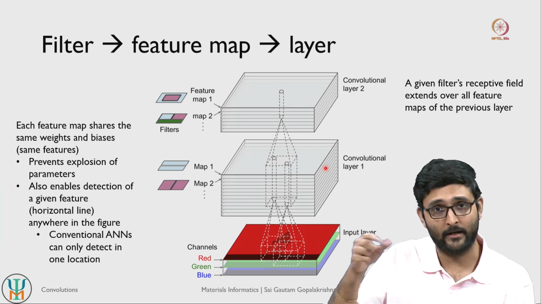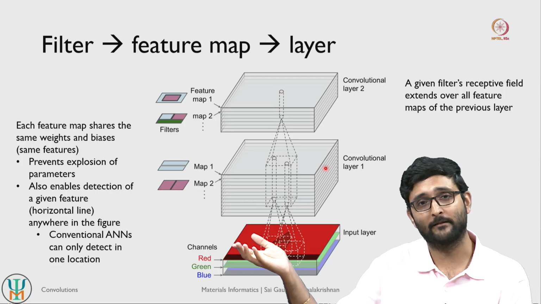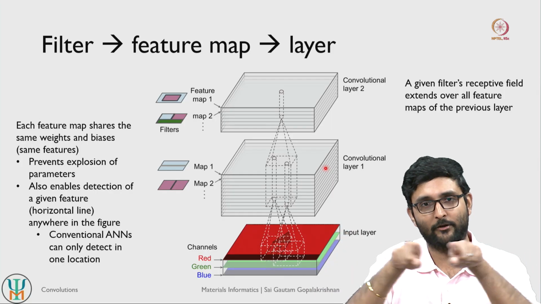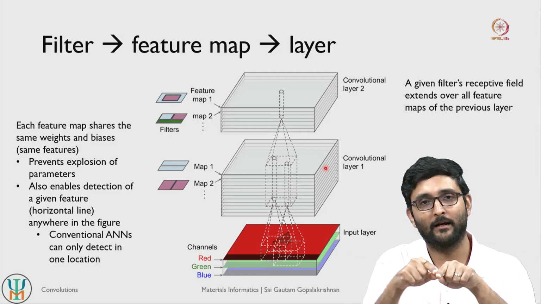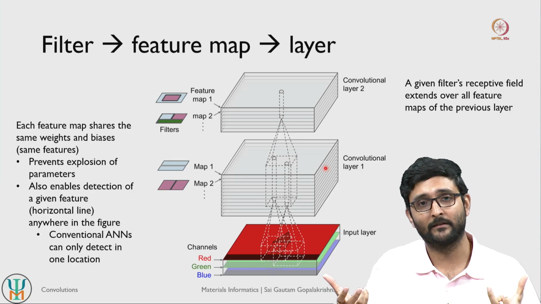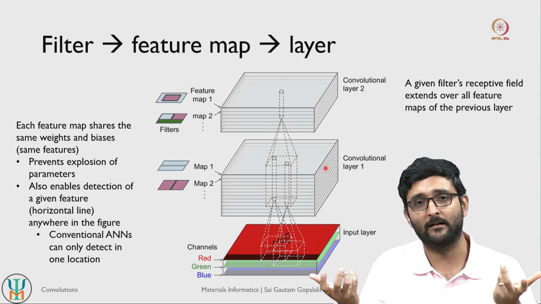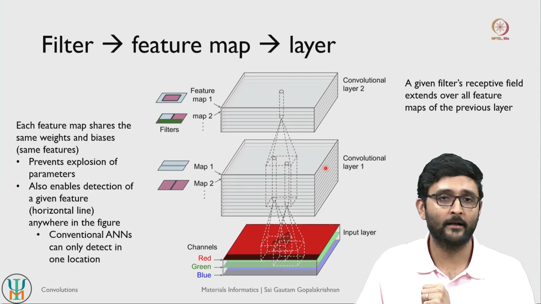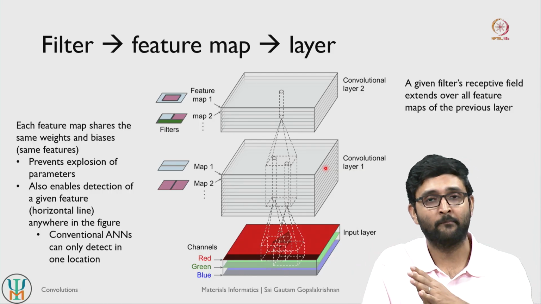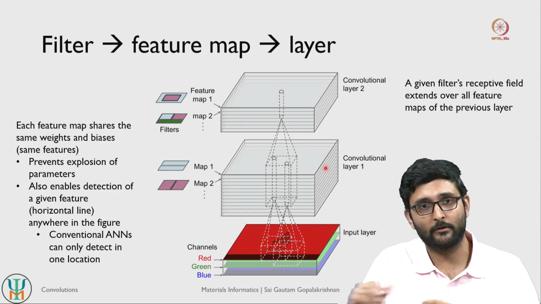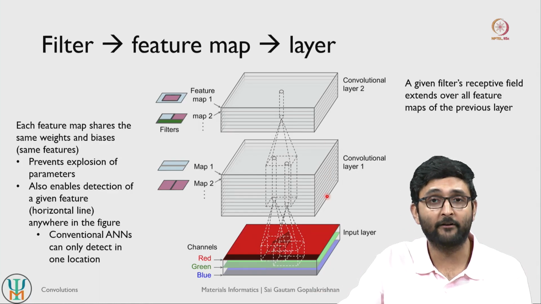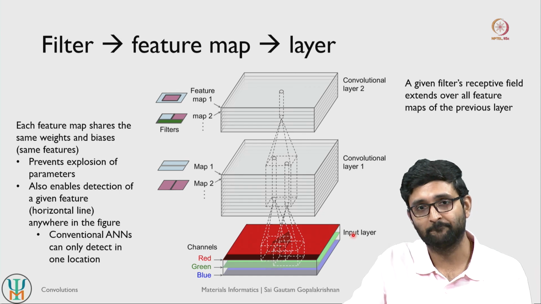So if each neuron in a given map has its own weights and biases, then let us say you have 100 neurons in a given map, right. For each map you are going to have 100 different weights and biases, and depending on the receptive field also of each neuron, the number of parameters is going to explode very quickly. So what we instead do is, for each map we have the same set of weights and biases, and for different maps you can have different weights and biases, right.